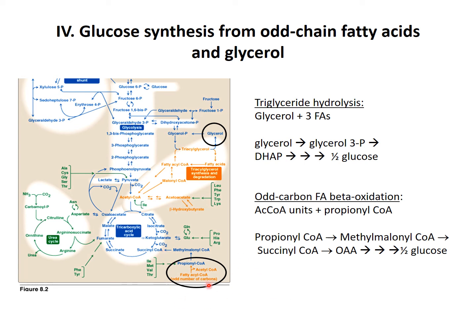And these odd-carbon fatty acids, I am repeating myself, propionyl coenzyme A, methylmalonyl coenzyme A, succinyl coenzyme A, go to oxaloacetate. Please remember this enzyme needs vitamin B12. So in vitamin B12 deficiency, there will be a problem with channeling propionyl coenzyme A to gluconeogenesis.